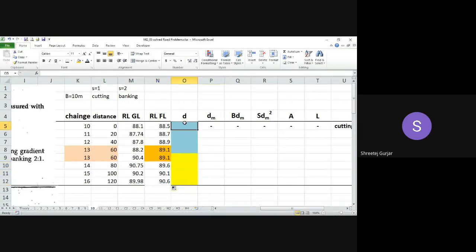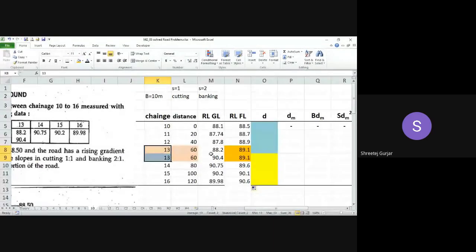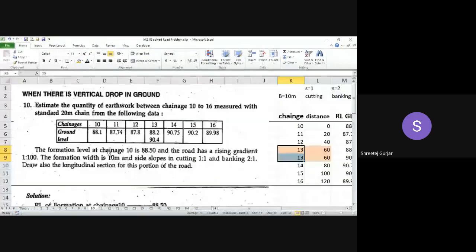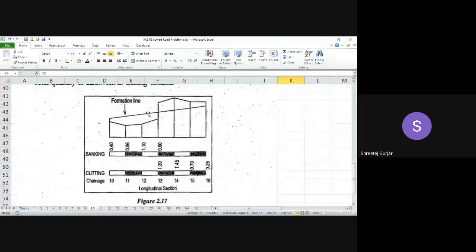Now calculation of depth. Because we have 2 values at a single chainage, but the formation level at the 13th chainage is the same. We have 2 ground levels, but we have 1 formation level. Let me show you the diagram. This straight line is the formation level at 13th chainage.